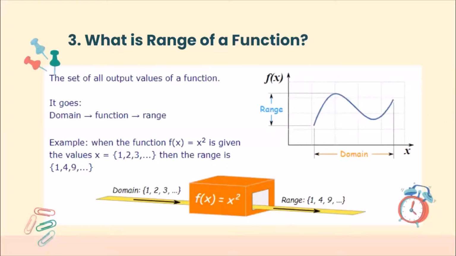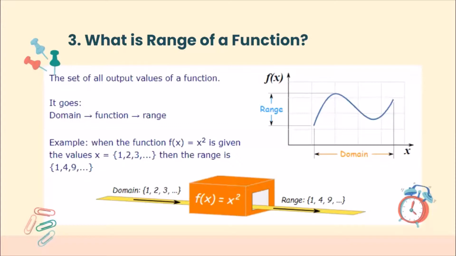Next, we need to know about range of function. A range of function is the set of all output values of a function. It goes from the domain, is processed by the function, and the range is the output.